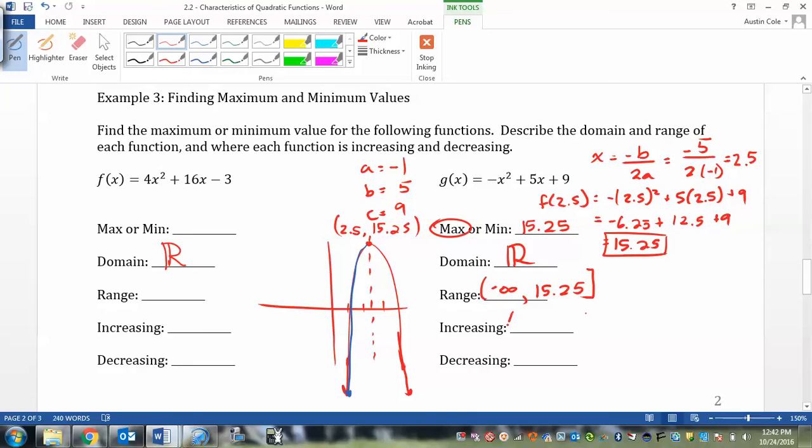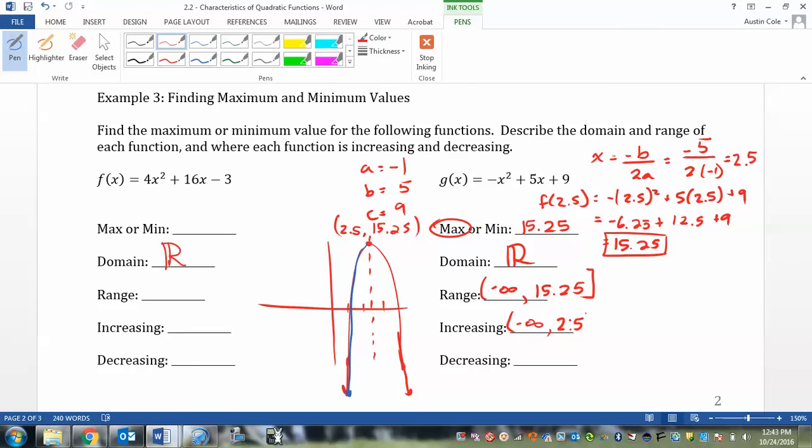Well, we're going to start at negative infinity because, again, the graph never stops. So from negative infinity all the way until we get to what number? Careful, we're talking about x values now. Where are we increasing? It's 2.5. So we're increasing in our x values from negative infinity all the way up to positive 2.5.